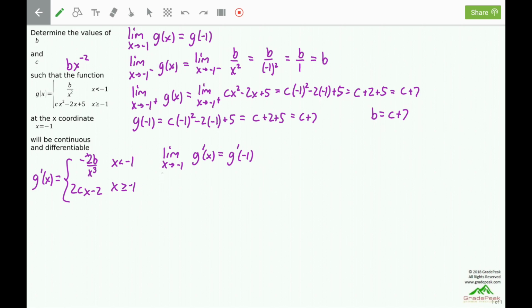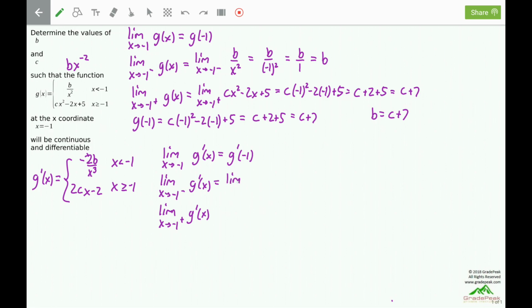Since the g prime of x is a split expression function splitting at -1, we do have to work out the limit from each side separately. So we have the left side of g prime of x and the right side of g prime of x.